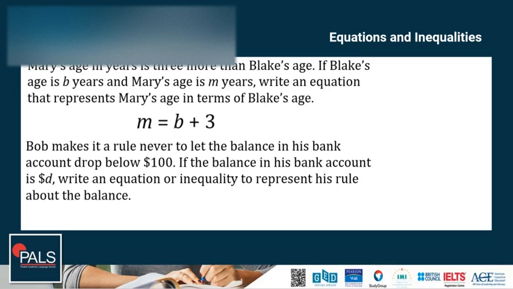So the balance should be D is greater than or equal to 100. Why? Because his rule says never to let the balance drop below 100. So it could be 100 or it could be more, but not below 100. It should be D is greater than or equal to 100.